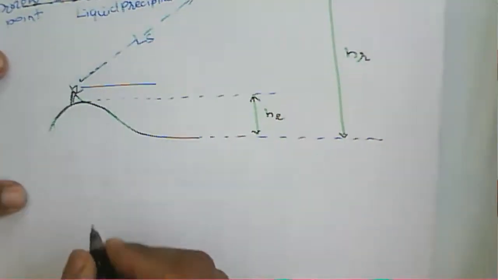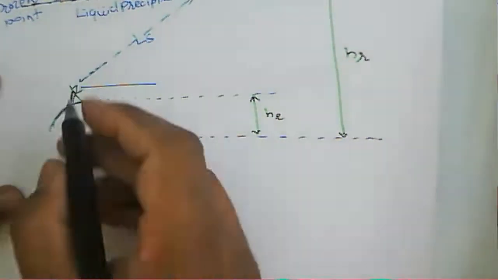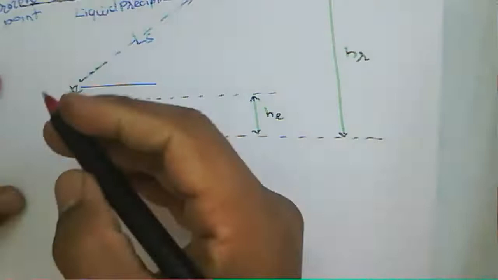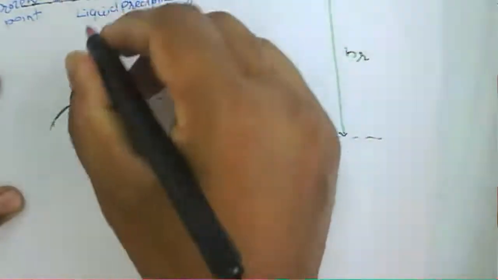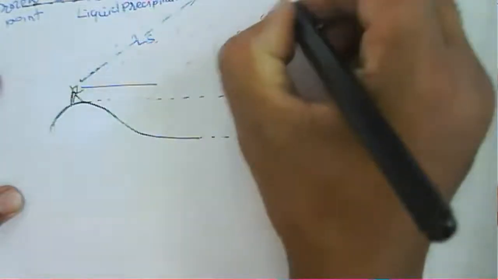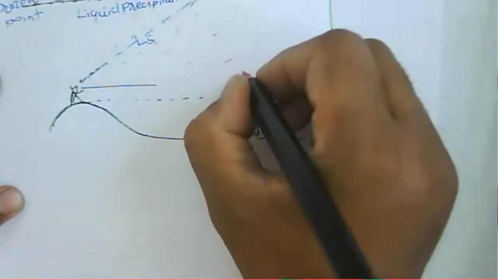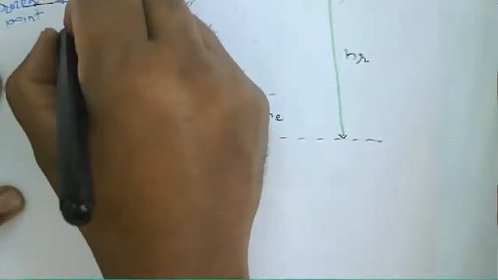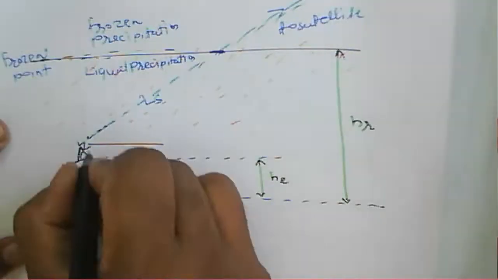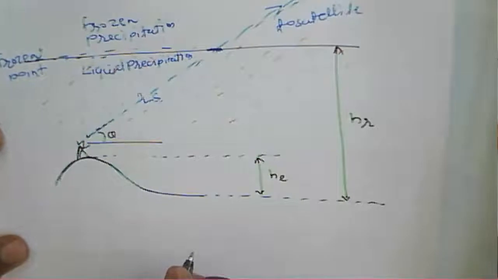So we can consider here that we have the rain occurring in this particular region. This one is nothing but the rain, and this is the angle theta, that is nothing but the elevation.